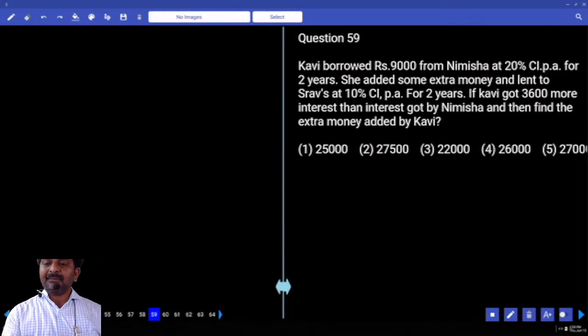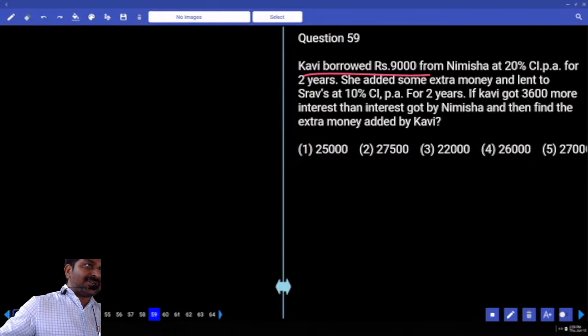Okay. Kavi borrowed 9,000 rupees from Nimisha. Feel like you are Nimisha. I am Kavi. I took 9,000 from you at the rate of 20% per annum for 2 years.